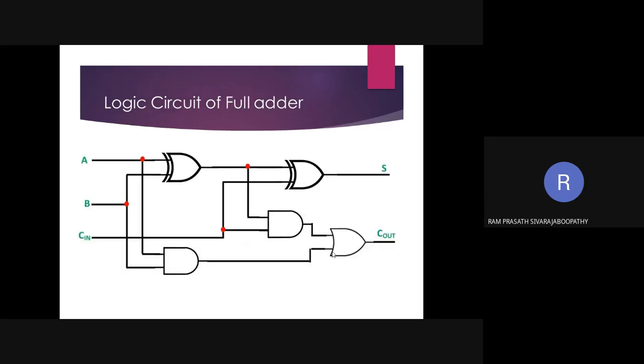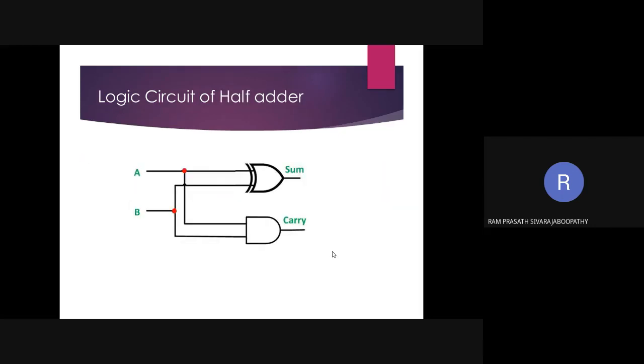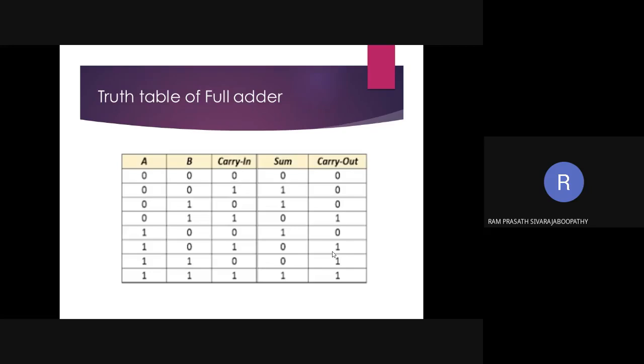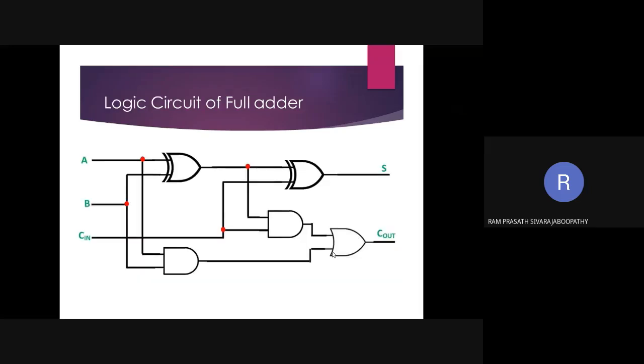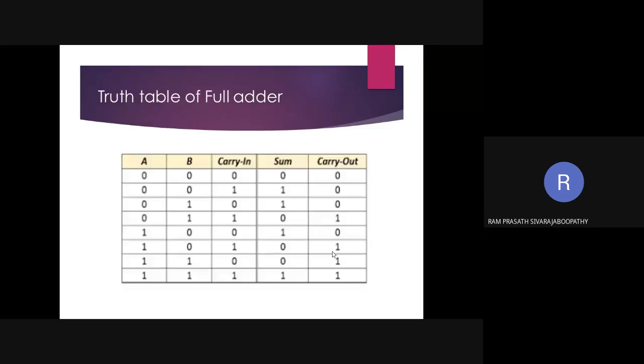Yes. So this is the circuit of the full adder. I think the order has changed. So this is the truth table of the full adder. Note this down. Then this circuit, kindly make a note of it. So the half adder and full adder are what we are going to do live now. Half subtractor and full subtractor, you people are going to do. Okay, fine. So the truth table of the full adder.